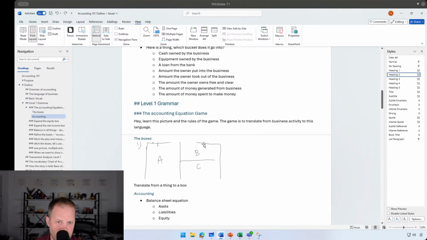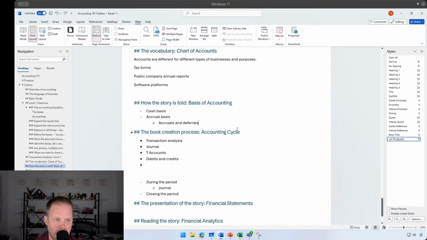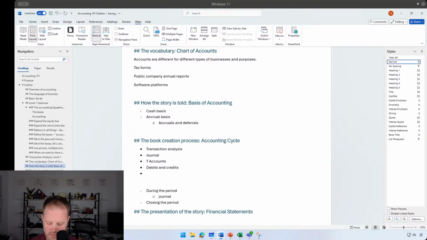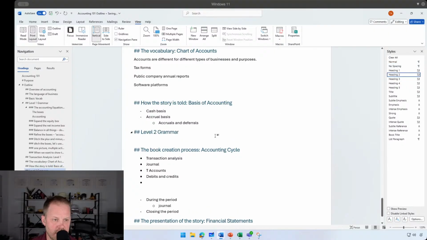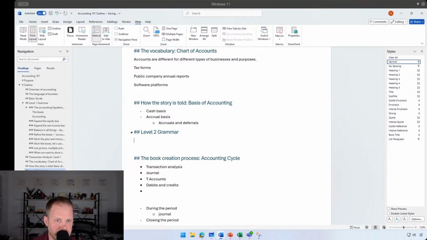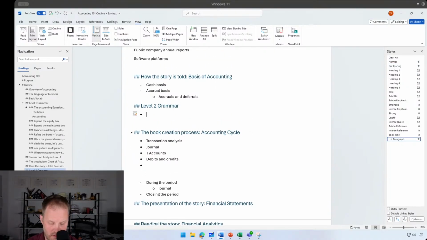So level 1 grammar, then let's do level 2 grammar. Level 2 grammar is where we get into accrual basis of accounting.